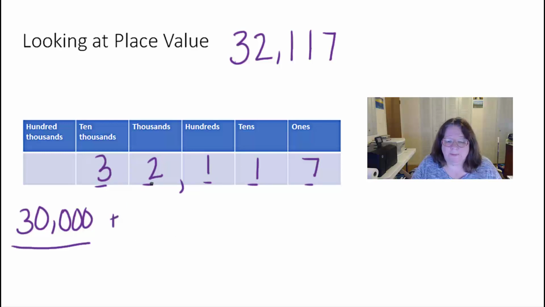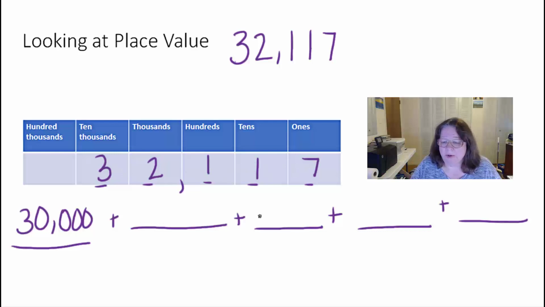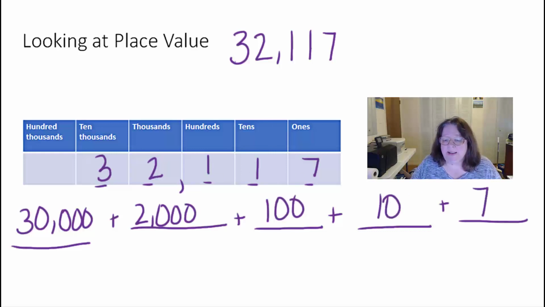So 1, 2, 3, one for this one, 4, and 5. 1, 2, 3, 4, 5 digits. 1, 2, 3, 4, 5 add-ins. 30,000, 2,000, 100, 10, and 7.